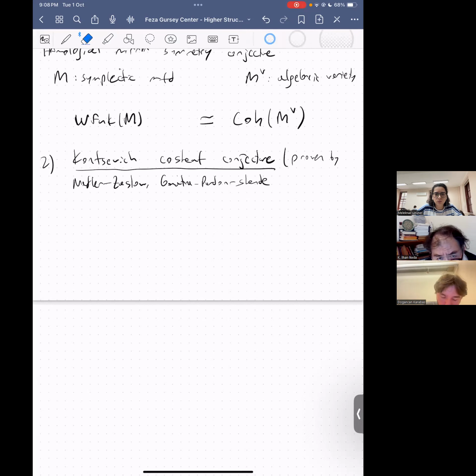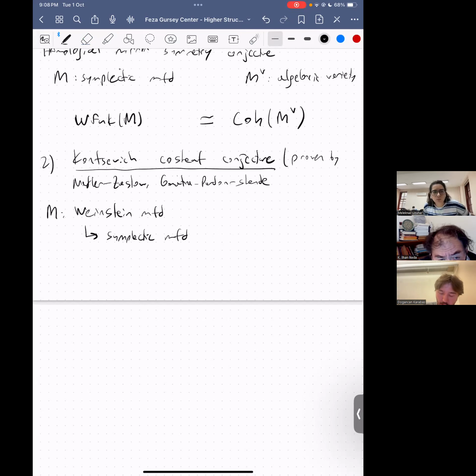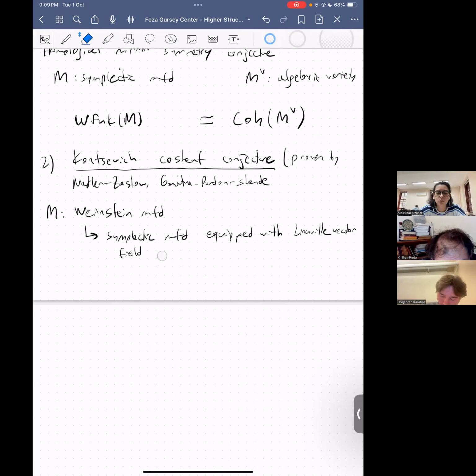So it says that for a symplectic manifold, a Weinstein manifold, and Weinstein manifolds are symplectic manifolds which are non-compact, equipped with a Liouville vector field escaping to infinity, and it has nice singularities. The Liouville vector field has nice singularities.